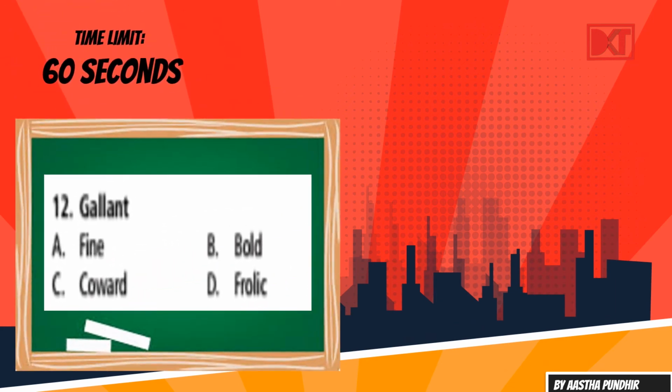Here we have gallant. Here the options are fine, bold, coward, and frolic. So gallant is an adjective. It refers to someone who's strong. So which one would be the antonym? Here, C, coward. Coward, someone who's fearful, is also an adjective. Right.